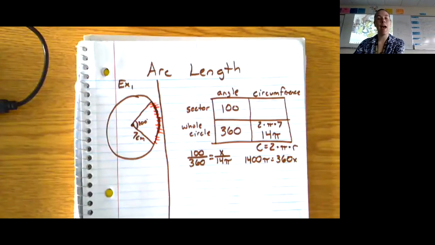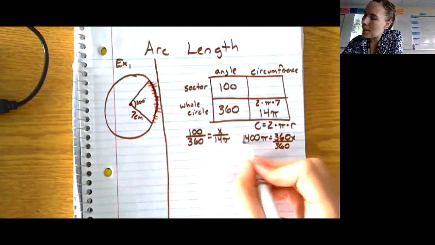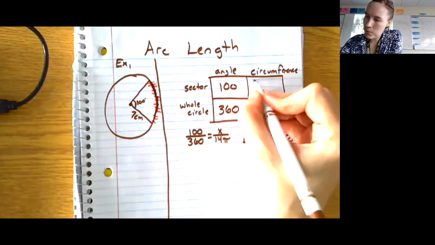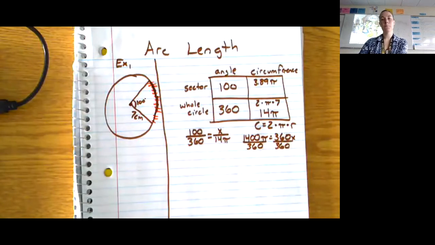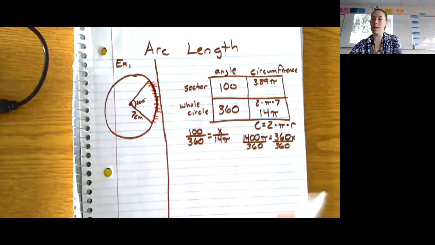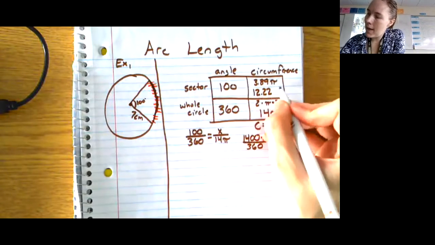Then again, to get the x alone, we would divide. So I divide each side by 360. And I have left 3.89 pi. If instead you multiplied out that pi, which remember you definitely can, you would get about 12.22.